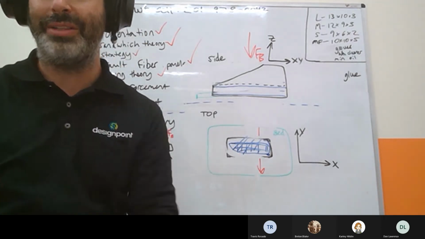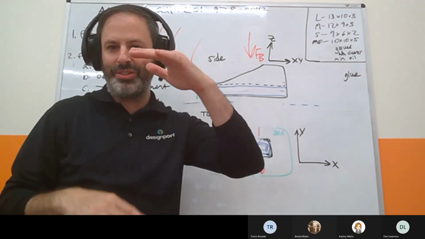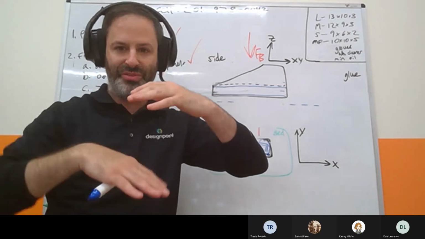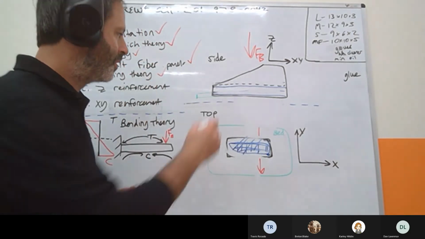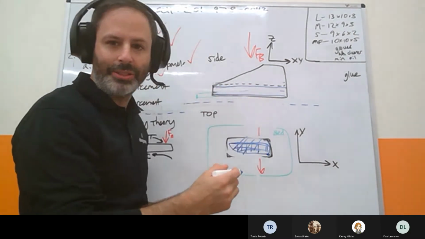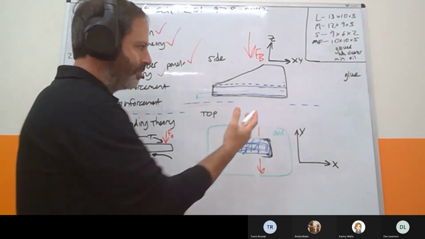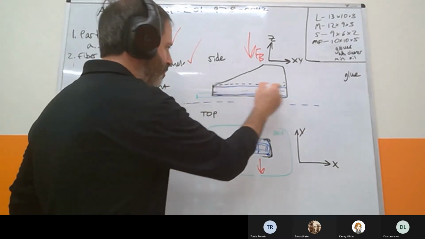You don't want imbalance, because if you have different size panels or different fiber routed, you could create some sort of imbalance in the part where it's not going to function that well. The bottom here is very well balanced. I'm putting two panels of equal size and shape, and the geometry here supports that.